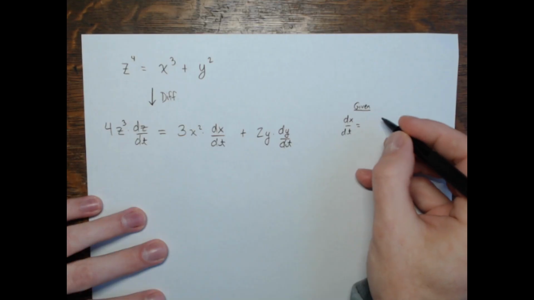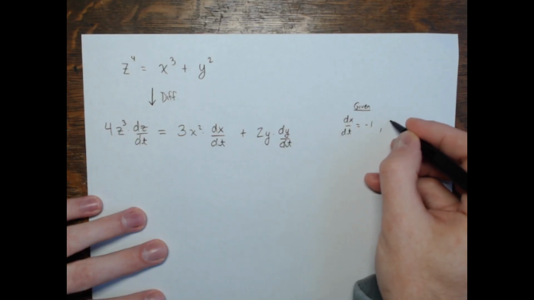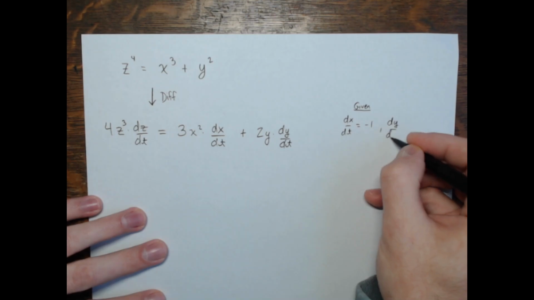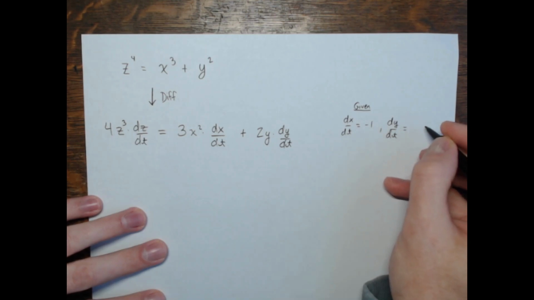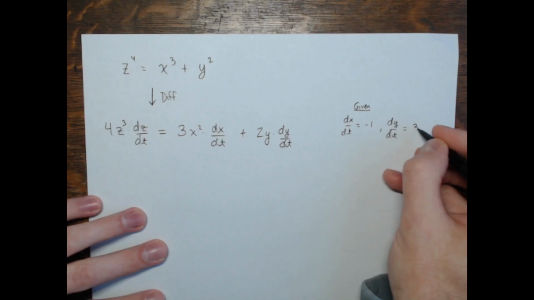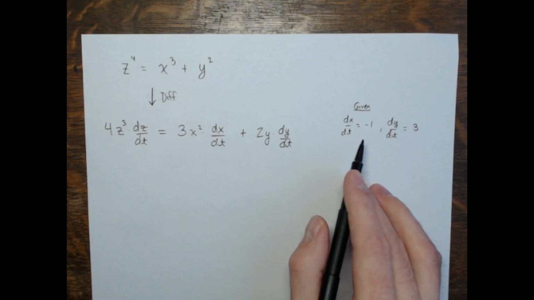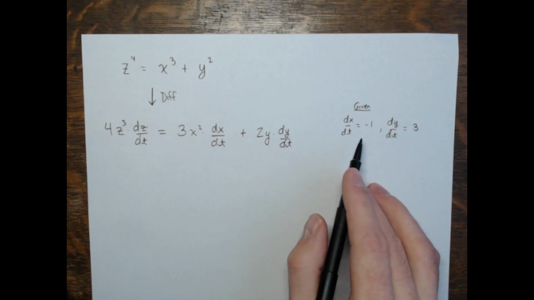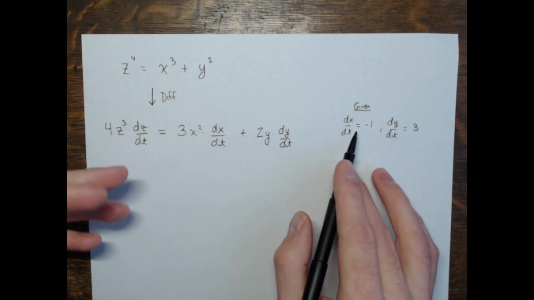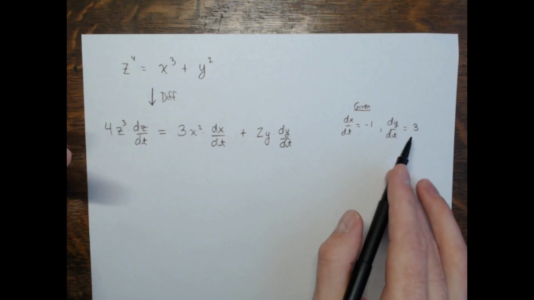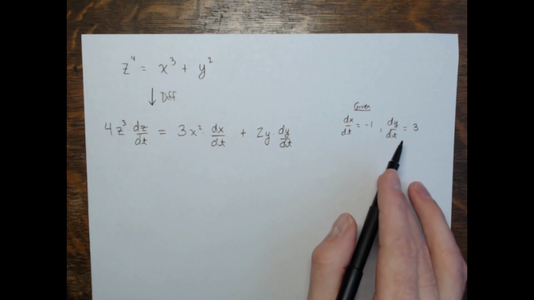All right, so given some values here, dx/dt we were told was -1, dy/dt is +3. So at this moment that we're looking at, this particular time t, the value of x would be decreasing, but the value of y would be increasing, positive rate.